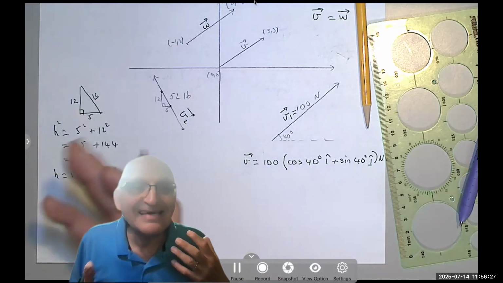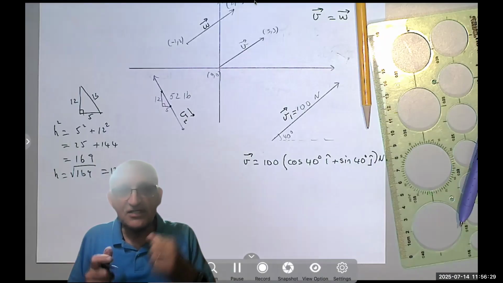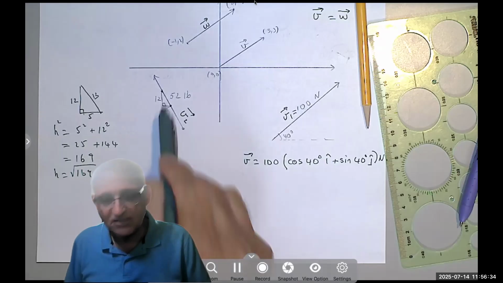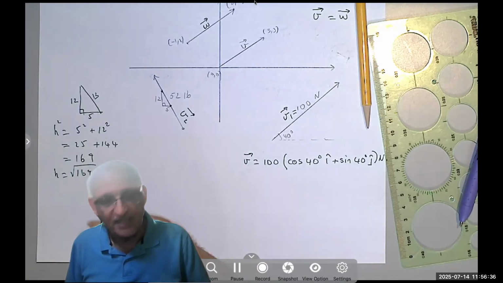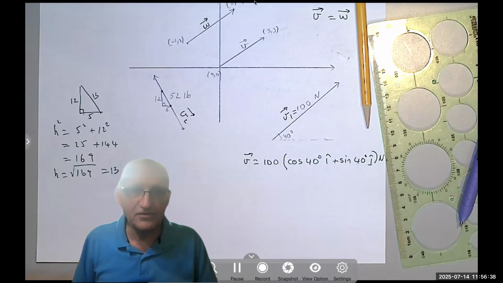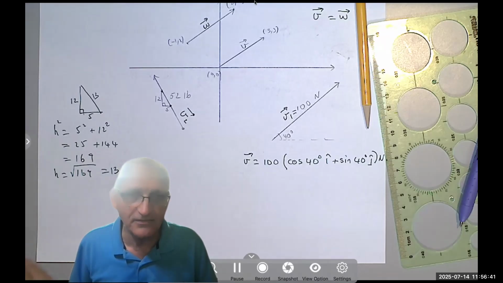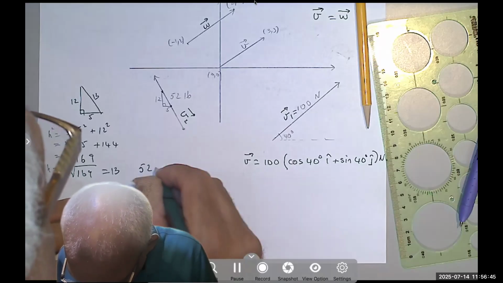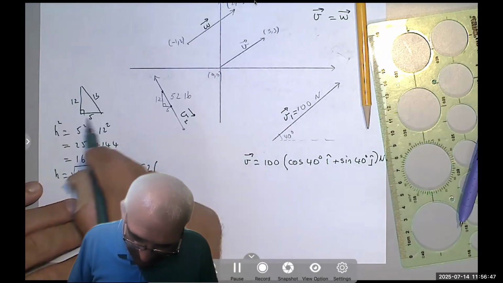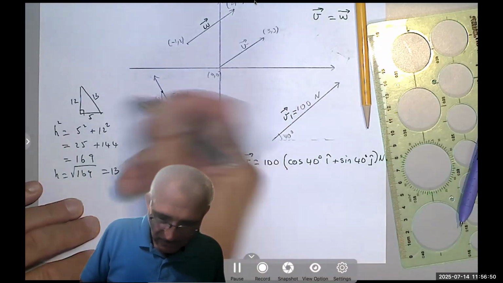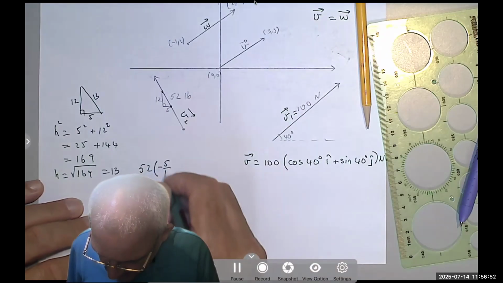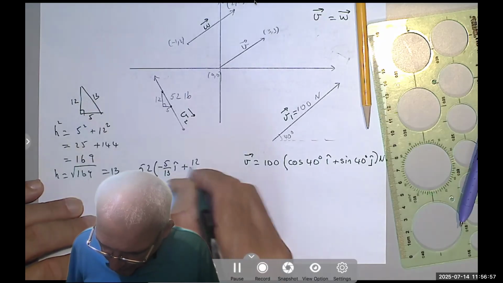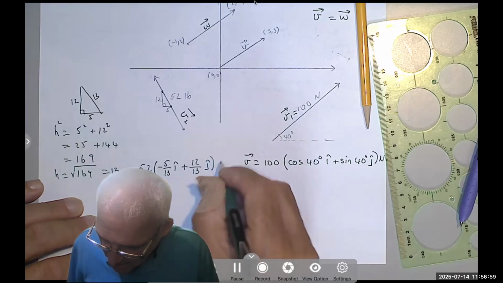You don't need to find the angle. I've seen many students say, okay, let me use the calculator and find what's the angle whose tangent is 12 over 5 or cosine is 5/13 or negative 5/13. No, you don't need to do any of that. All you have to do is say that this vector is 52 times negative 5, because it's going to the left, over 13 i, plus, because it's going up, 12 over 13 j pound.